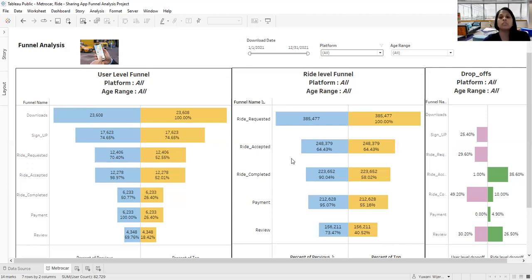Another important thing is we can see the drop-off in the payment stage. So we have to investigate why there is a drop-off. We have to investigate the entire payment process and payment methods, and also security concerns, and whether there are any errors in the payment system.